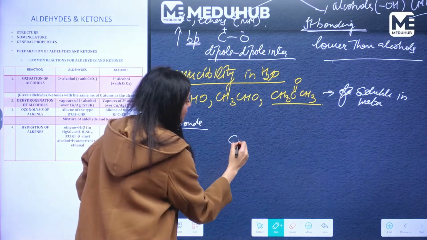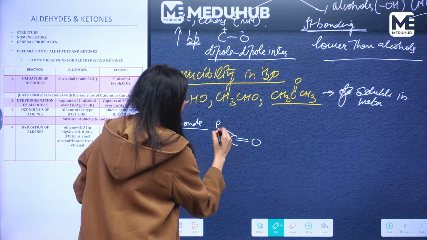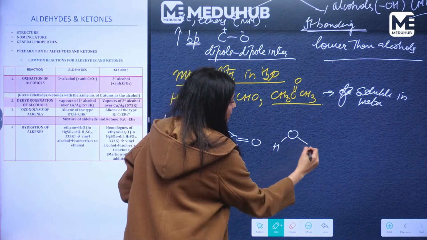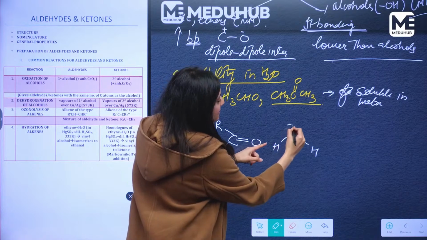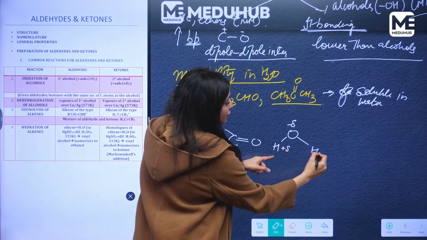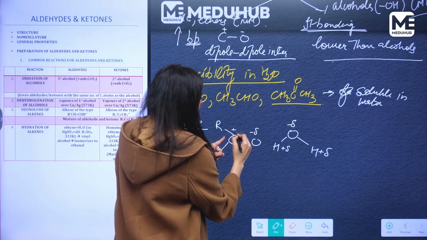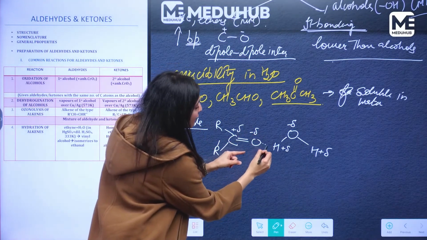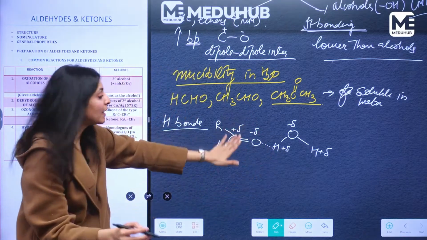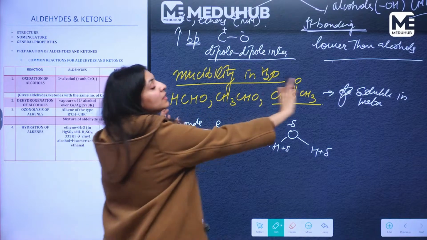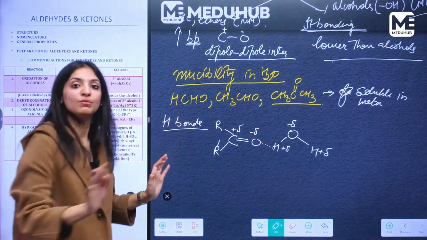So we have a carbonyl compound and we have water. This has a slight negative charge, slight positive charge. This hydrogen also has slight positive charge, negative and positive. This hydrogen bonding between the carbonyl compound and water molecule is possible, because of which these lower aldehydes and ketones are soluble in water.